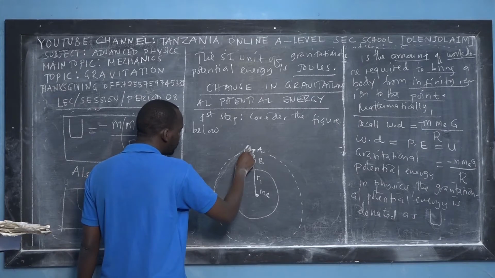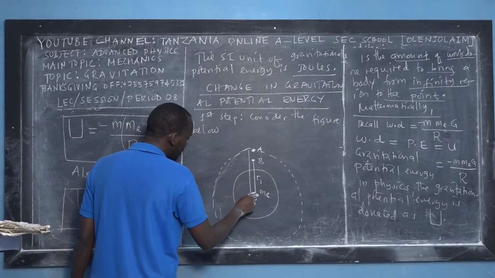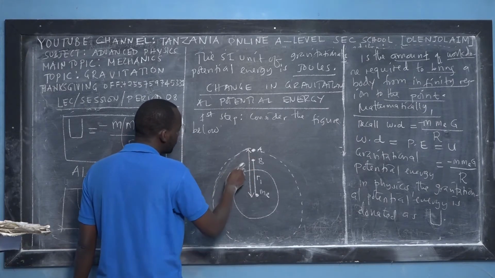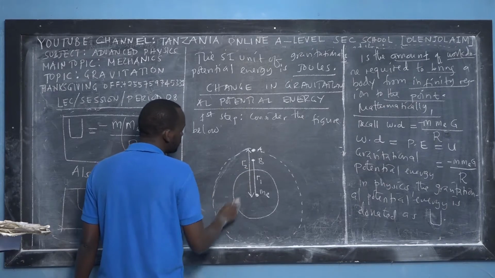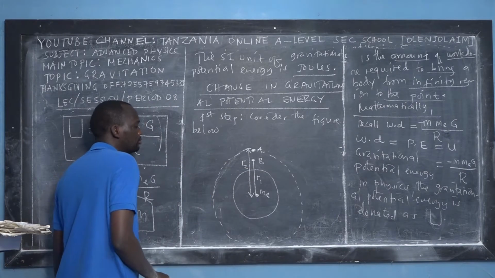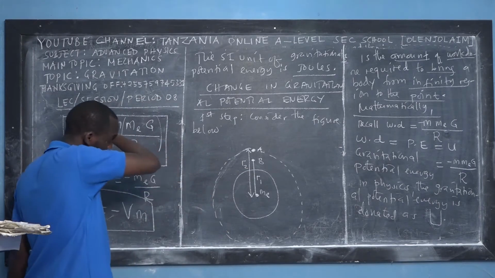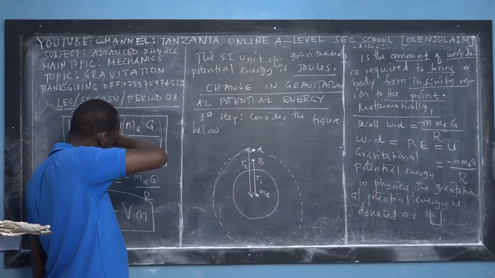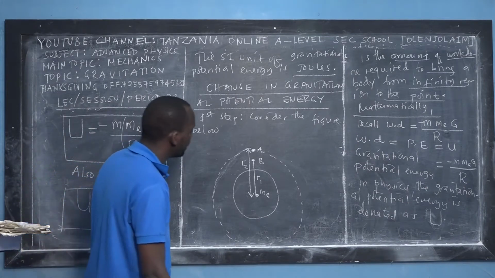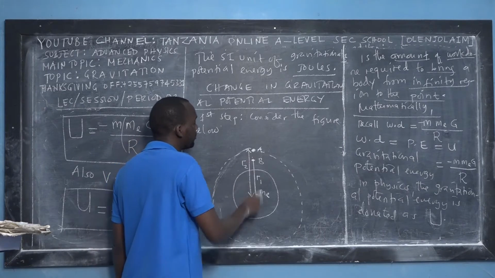Again, here we have the total distance from the center of the S to point A, we call it R2. So this is the S and this is the point.